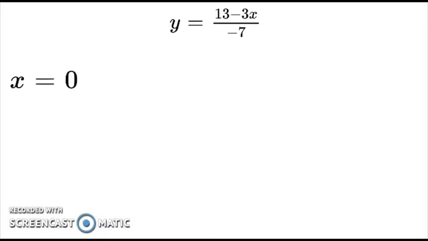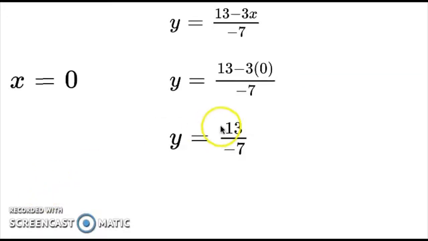Now let's substitute in 0 for x. So we have 13 minus 3 times 0. -3 times 0 is 0. So 13 minus 0 is just 13. So 13 over -7. So my second answer is going to be y equals 13 over -7.